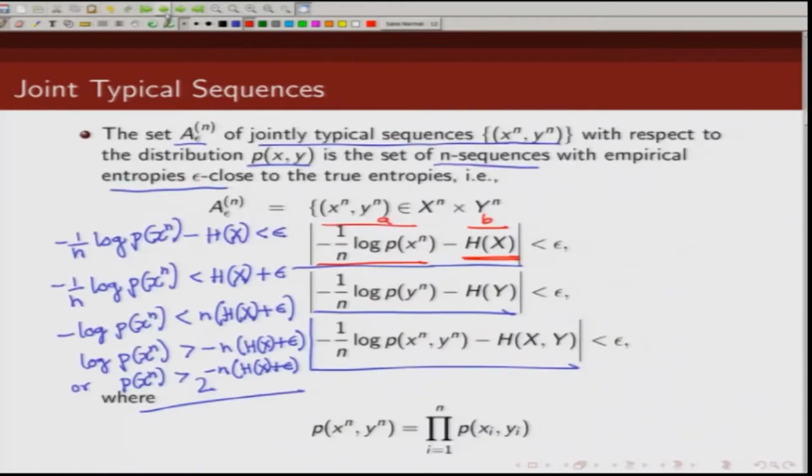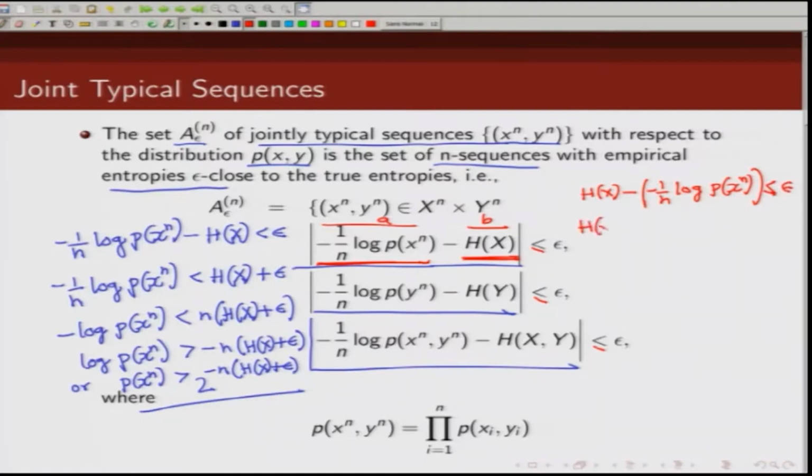So let's go back and look at this. Let's say this is my A and this is B. Now if B is greater than A, then I will write this as B minus A is less than or equal to epsilon. So H of x minus minus 1 by n log of P of x^n has to be less than or equal to epsilon.